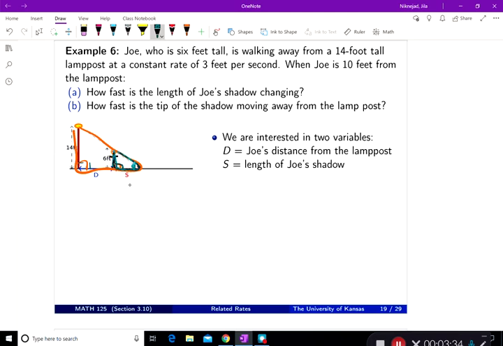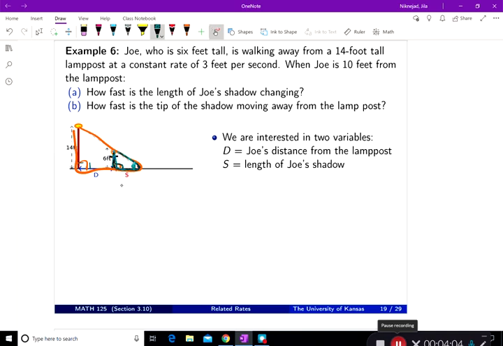We have to use the fact that they're similar triangles to figure out how S, 14, 6, and D are related together. So let's use the similarity to write down a relationship between S, D, 6 feet and 14 feet.